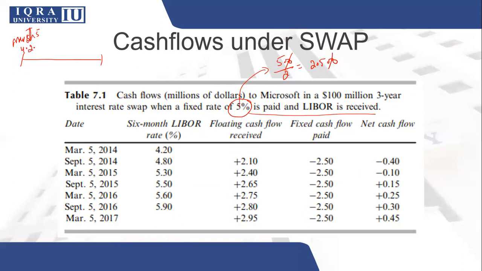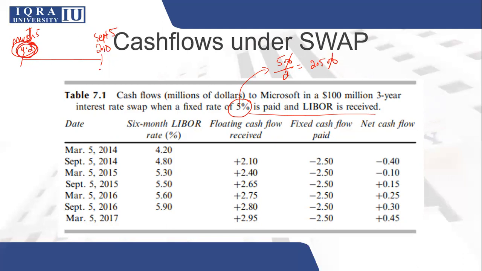This LIBOR rate has now been set because the LIBOR rate is going to fluctuate even in the middle of the 6 months, so you need to determine at what point you're going to select the floating rate. You select it at the start of the period, at 4.2%. And once the 6 months go by, you're going to make the payment of 2.10 on September 5th based on this 4.2 rate.